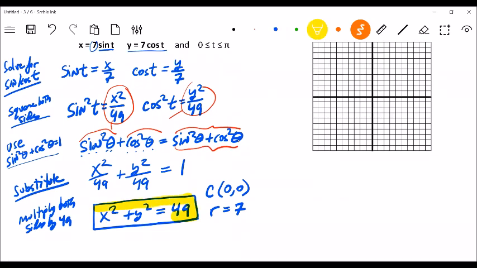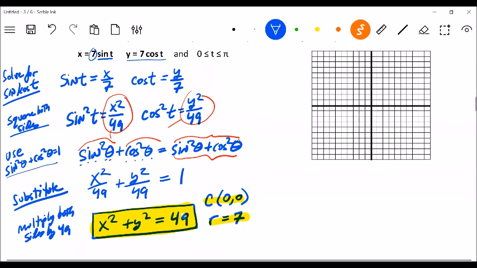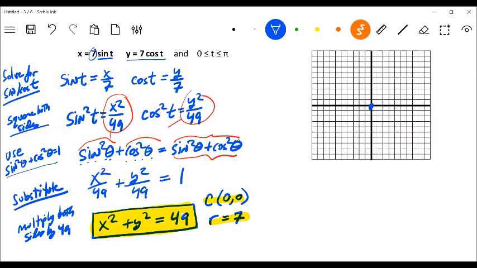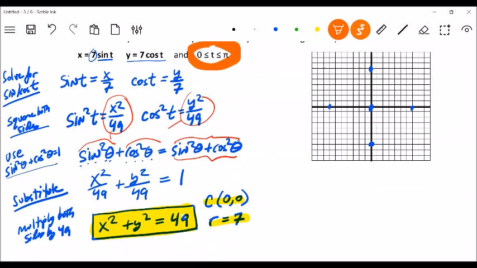I can do this. So I have this info, 0, 0. And if I went to 7 in all directions, I could make a circle. But I'm going to have to pause for a second because I'm only allowed on here to go from 0 to pi.